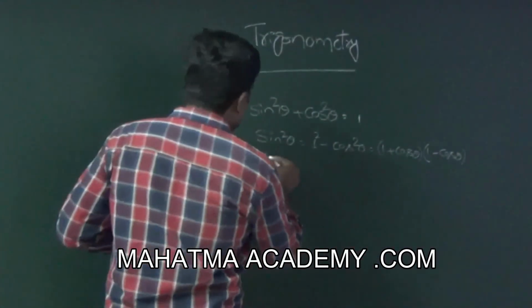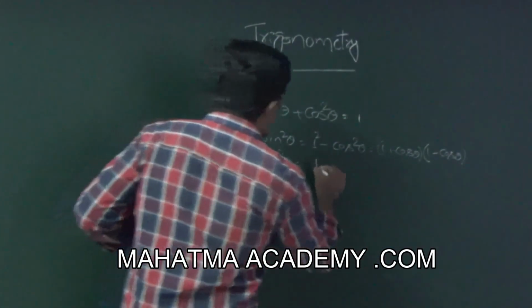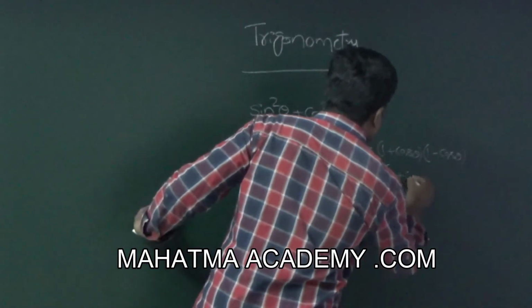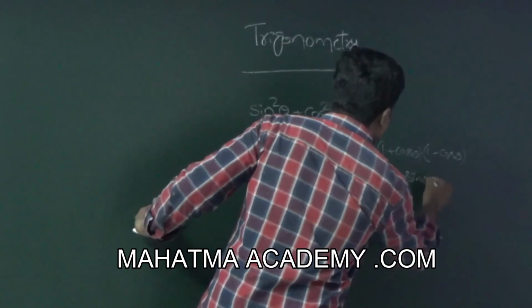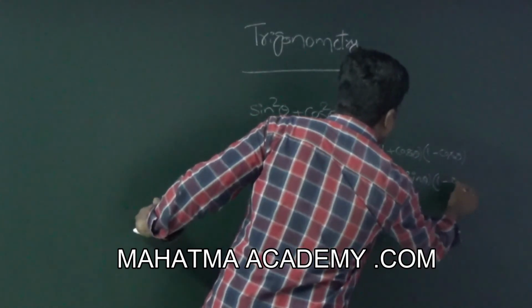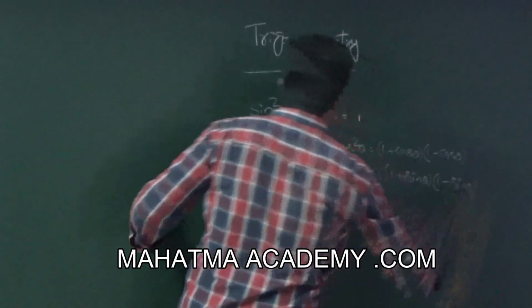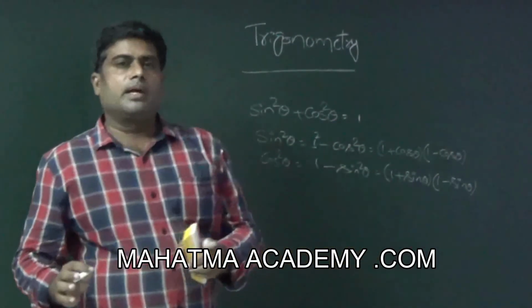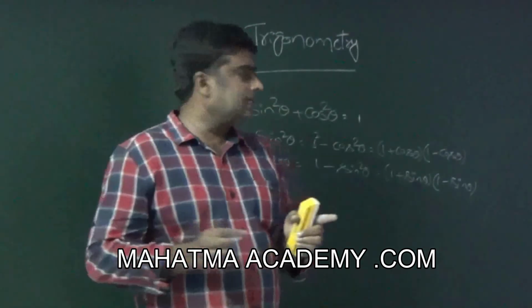In similar way, cos square theta equals 1 minus sin square theta, equals 1 plus sin theta into 1 minus sin theta. This formula looks like a square minus b square, a plus b into a minus b.